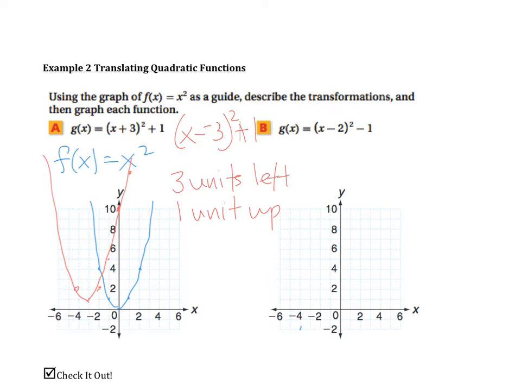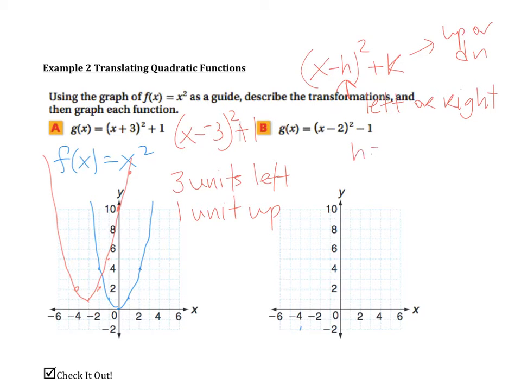Looking at the next one, standard form is x minus h, quantity squared, plus k, where the h moves it left or right, and the k moves it up or down. So if I look at my h equals 2, it's going to move it to the right, and my k equals negative 1, so it's going to move it down.